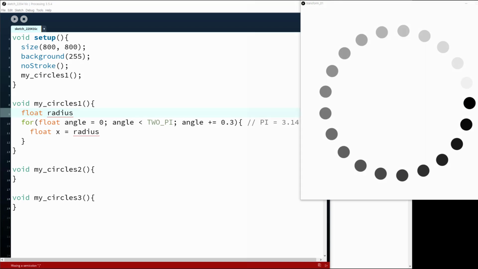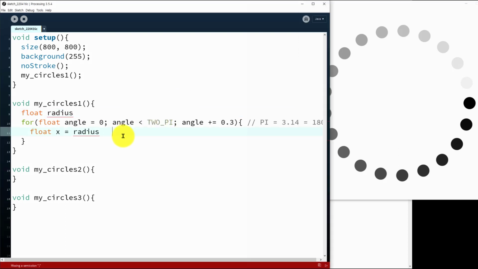Okay, let's go back to the code. So x will be radius times cosine angle. You know this cosine function, but it needs the angle in radians. We are using the radian angle, not degrees, right? As I told you, there are two different ways, and this function needs the radian angle.